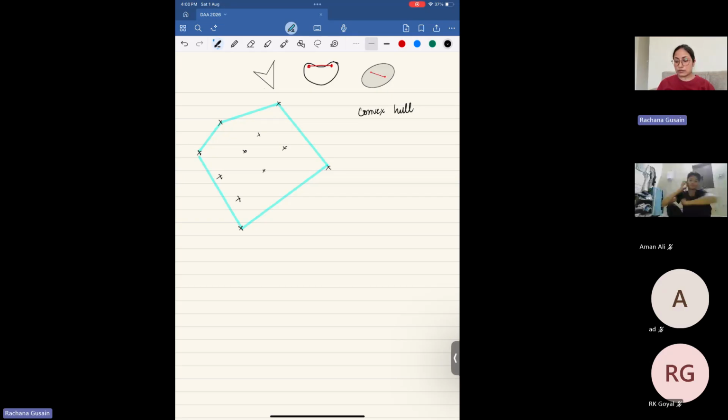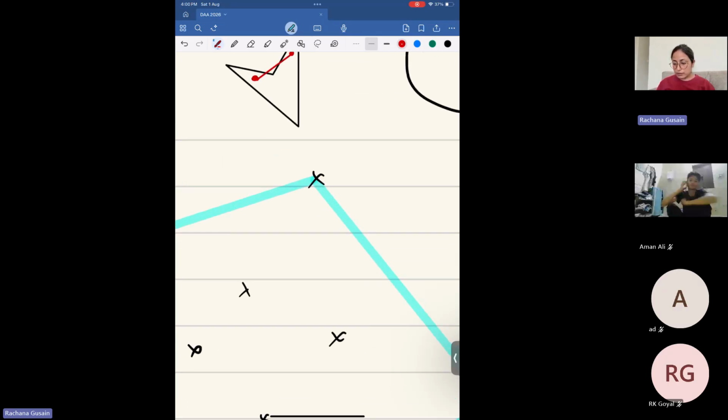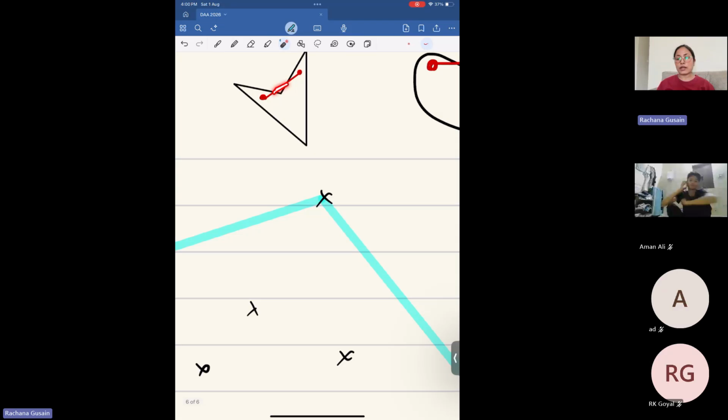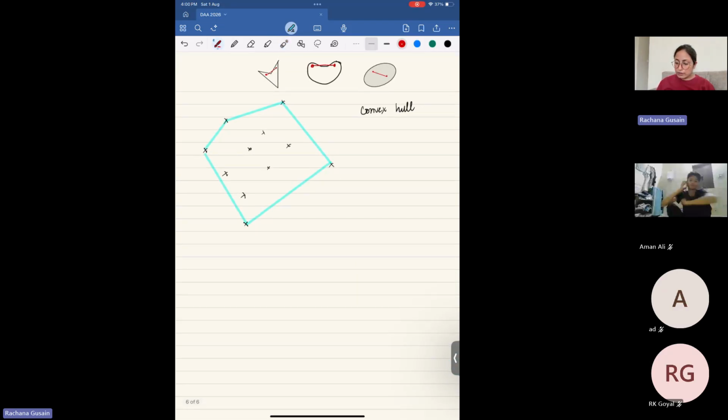This isn't a convex polygon, for the same reason, because I can take points and connect them by a segment, and there is a part of the segment which is lying outside the polygon. So this is non-convex. Whereas the example here that I have drawn, forget about the points for now, this polygon is a convex polygon.